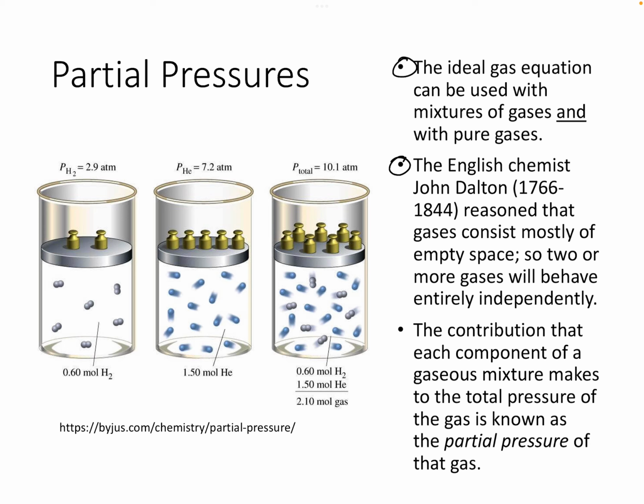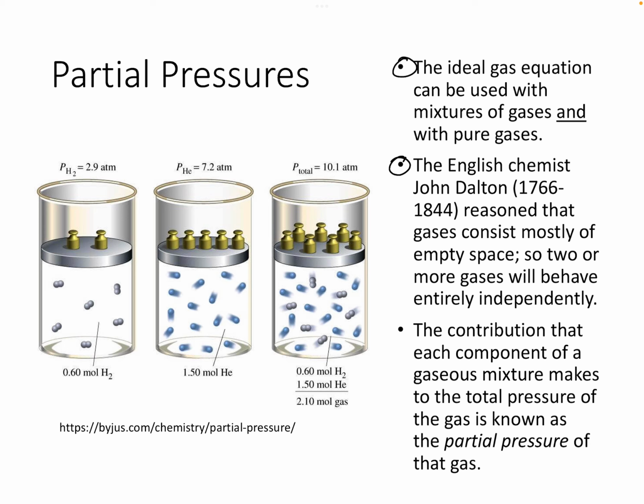So let's say you have a mixture of oxygen and nitrogen gas. We don't have to treat this mixture any differently than a pure gas because the oxygen molecules and nitrogen molecules are super far apart. So they act independently of each other anyway.